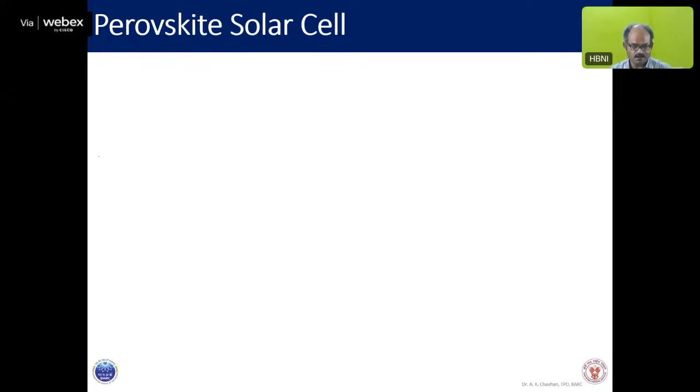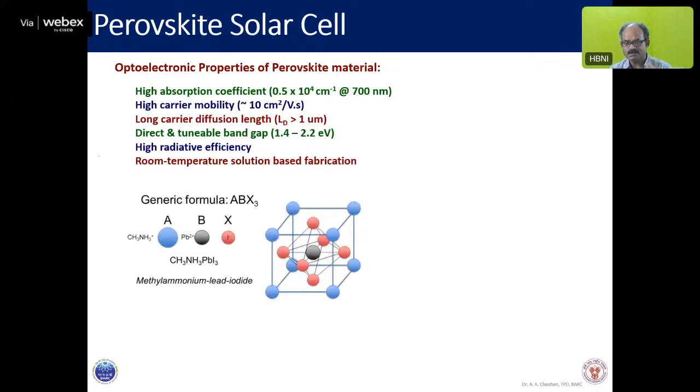Dye-sensitized solar cells, solid-state dye-sensitized solar cells, and perovskite solar cells are quite similar. Not exactly similar, but principle-wise they are the same. Let me explain in a very simple way.